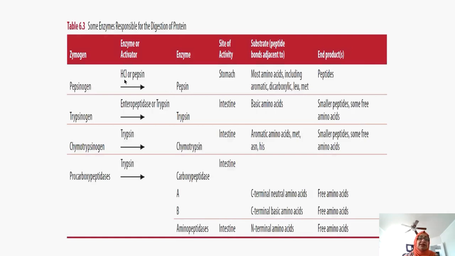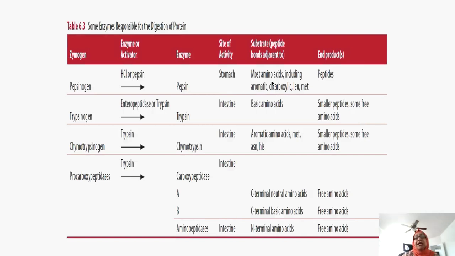So before the secretion of hydrochloric acid, the pepsin should be found as zymogen or inactive enzyme called pepsinogen. Okay. Now we have our proteins, gastric juice are secreted, including hydrochloric acid. Then pepsinogen will be converted to pepsin. Now it's active. Active where? In the stomach. And what will happen after we have pepsin?